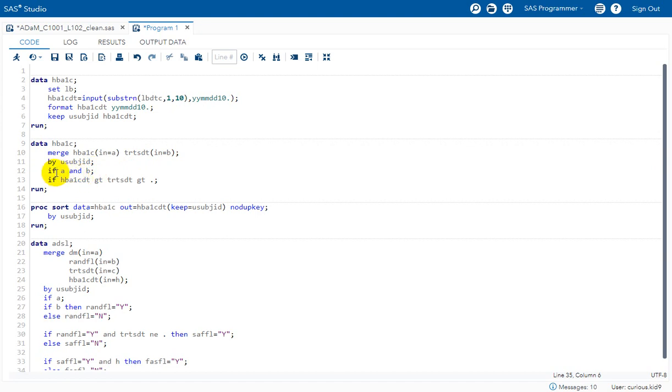So we are using if A and B. And then we are subsetting the records which are only after treatment start date: if HbA1c dt greater than TRTSDT greater than missing.